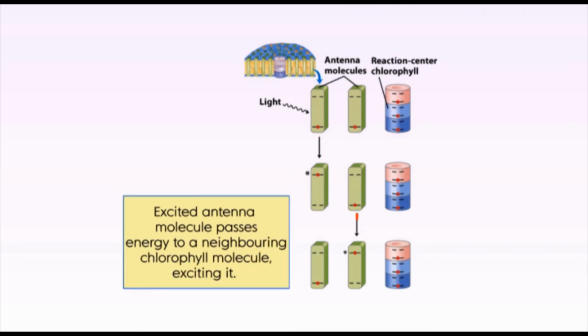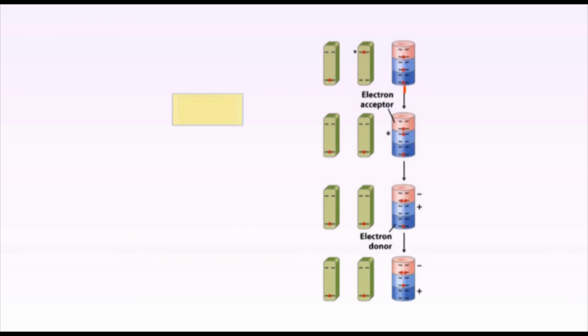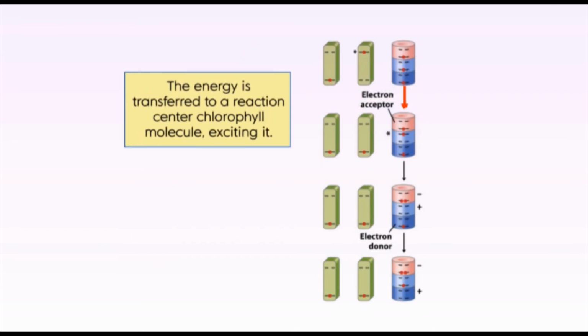Instead, the excited antenna chlorophyll transfers energy directly to a neighboring chlorophyll molecule, which becomes excited as the first molecule returns to its ground state. The transfer of energy, which we call exciton transfer, extends to a third, a fourth, or subsequent neighbor until one of a special pair of chlorophyll A molecules at the photochemical reaction center is excited.